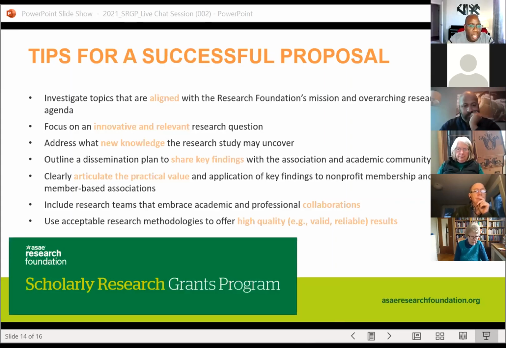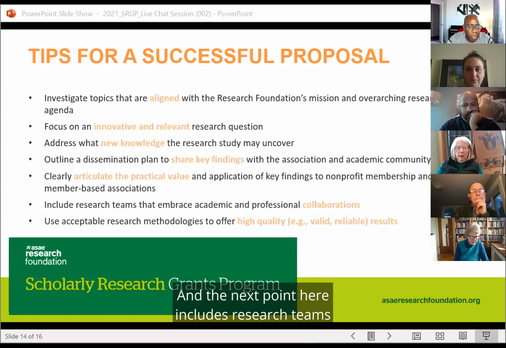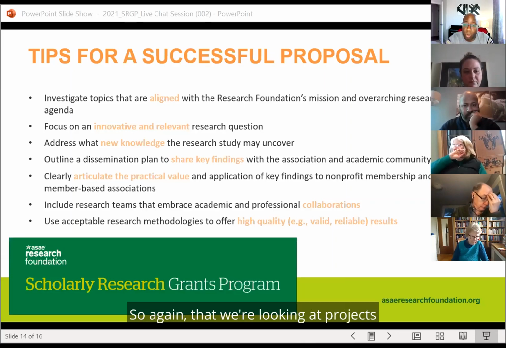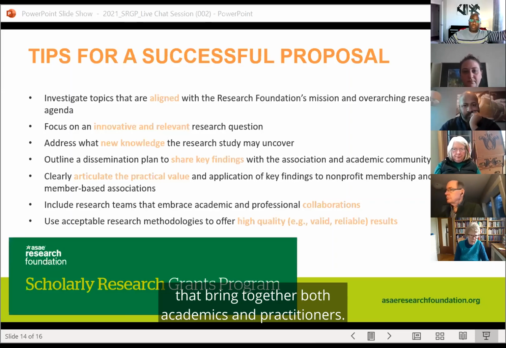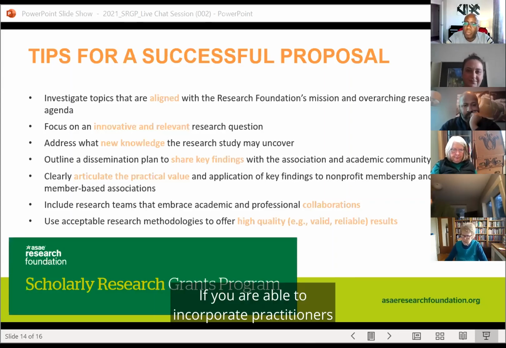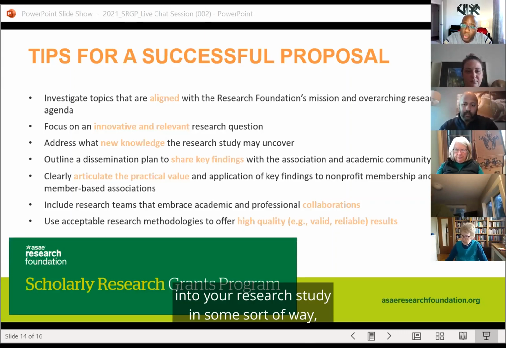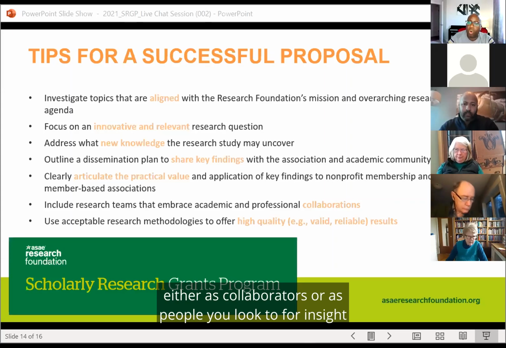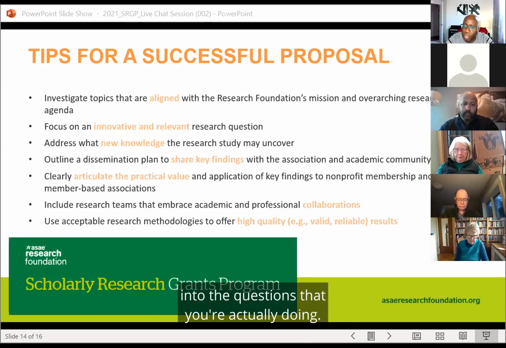And the next point here includes research teams that embrace academic and professional collaboration. So again, we're looking at projects that bring together both academics and practitioners. If you are an academic, you will probably get extra points if you are able to incorporate practitioners into your research study, either as collaborators or as people you look to for insight into the questions you're asking.